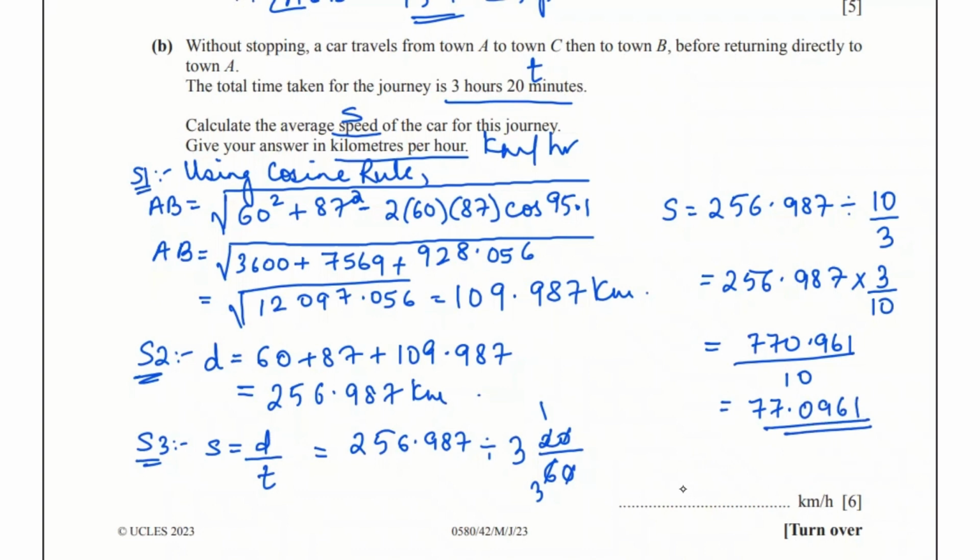So which is 77, since they said to give your answers in kilometers per hour. So 77.1 is your final answer.